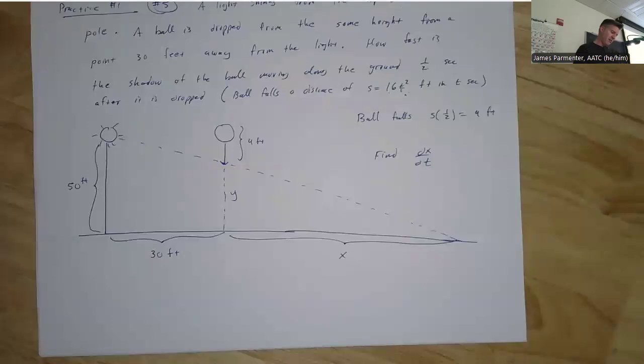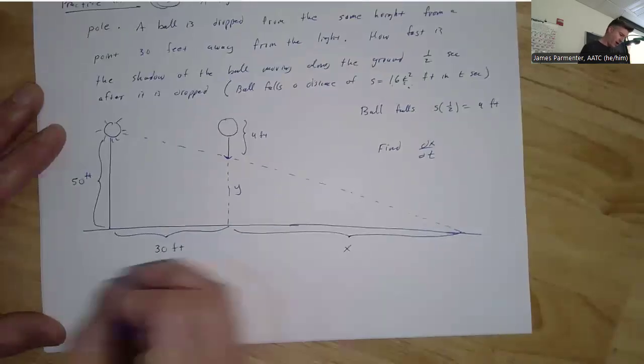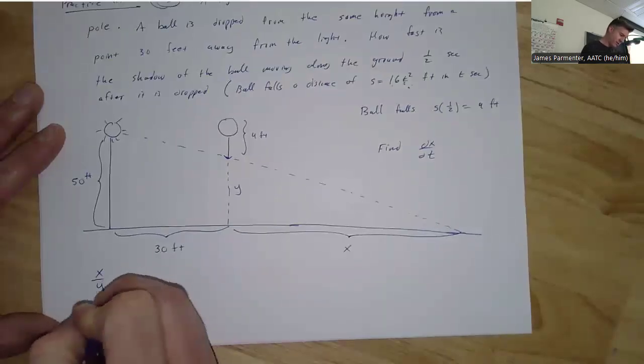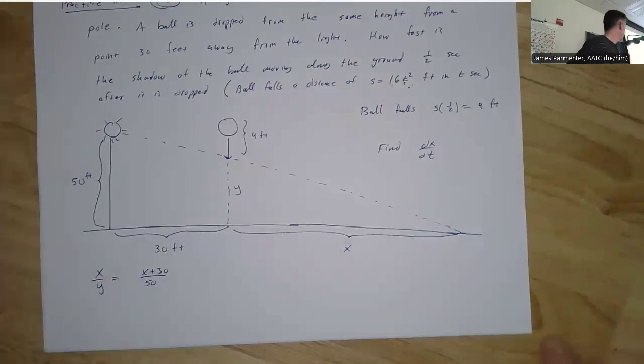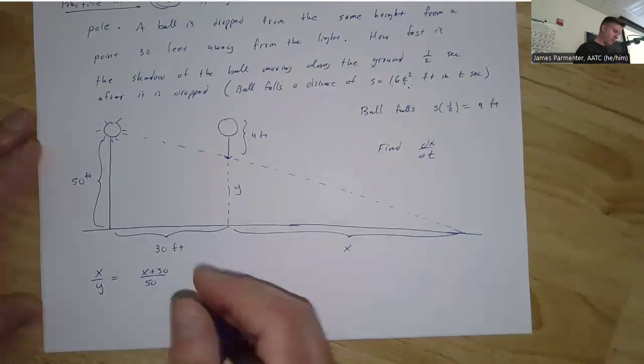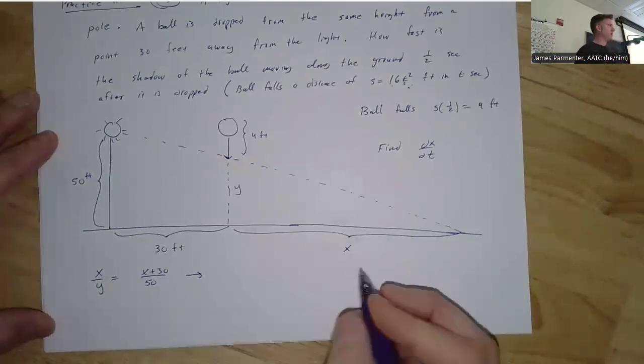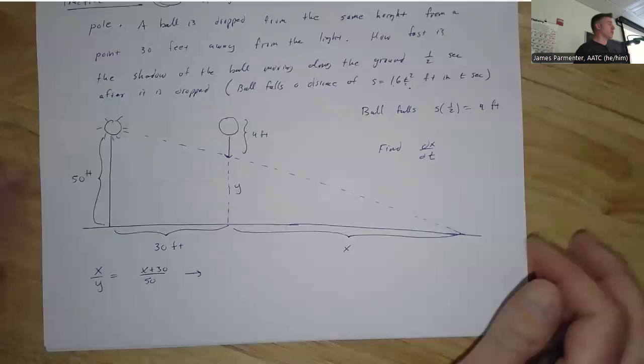So I'm going to say that x over y is equal to x plus 30 over 50. Usually when you set something like this up, especially with these shadow problems, you can almost always rewrite the equation so that you have x's on one side and y's on the other side. The first step being typically to cross multiply. So I'm going to cross multiply. This is a harder problem than a typical shadow problem.